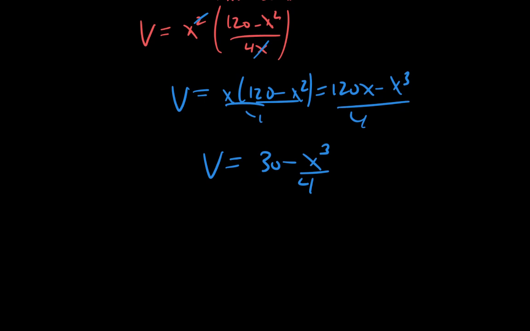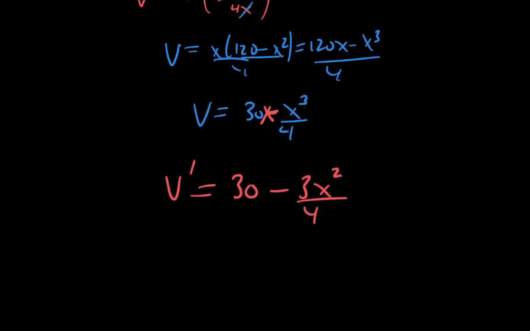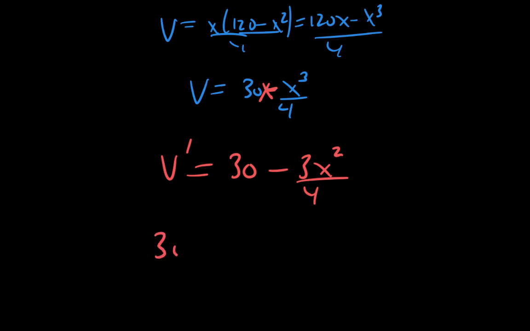Now to optimize this, we take the derivative of the volume and set that equal to 0. Sorry. So that volume prime is equal to 30 minus 3X squared over 4. And we set that equal to 0.